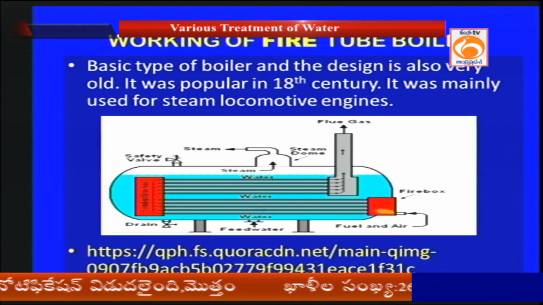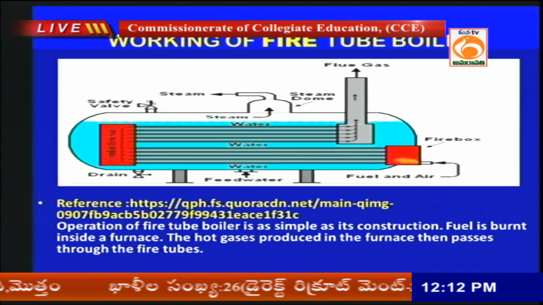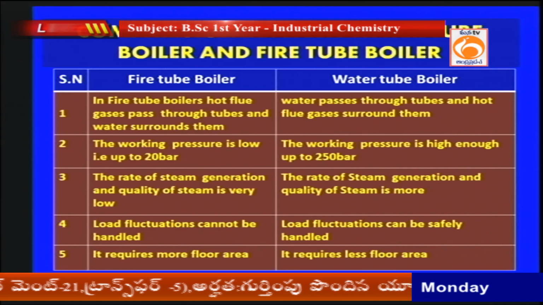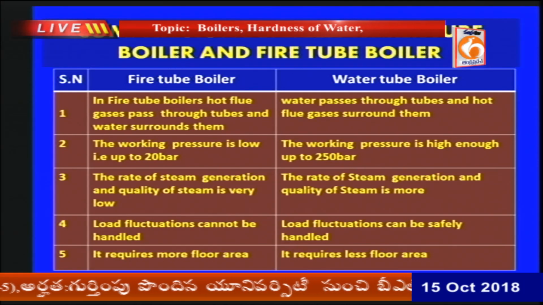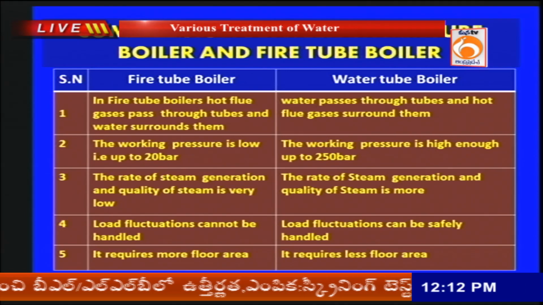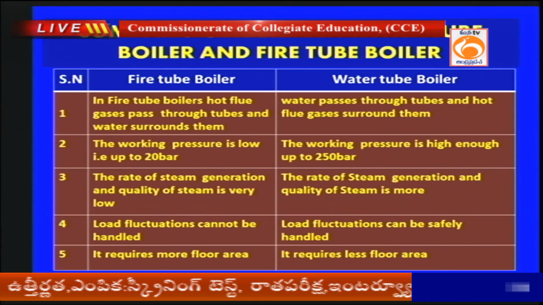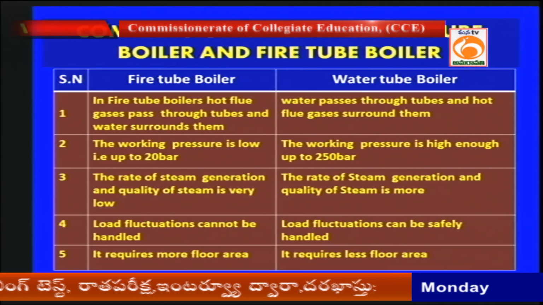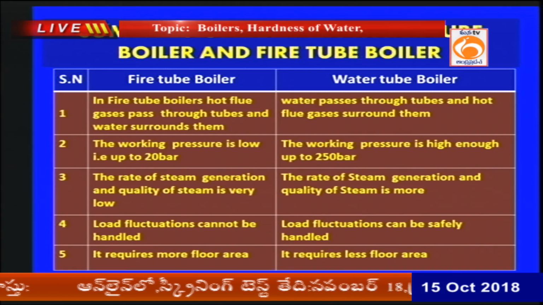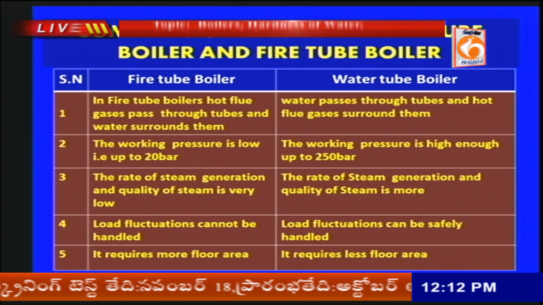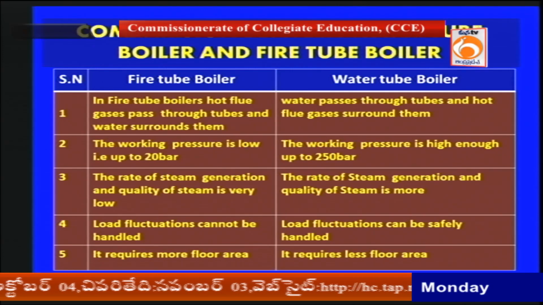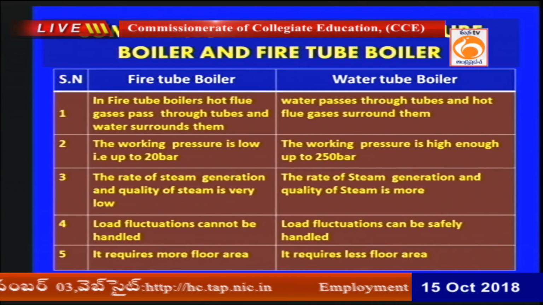And next, the comparison between the fire tube boiler and the water tube boiler. In the fire tube boiler, only hot flue gases pass through the tubes and water surrounds them, whereas in the water tube boiler, water passes through the tubes and hot flue gases surround them.